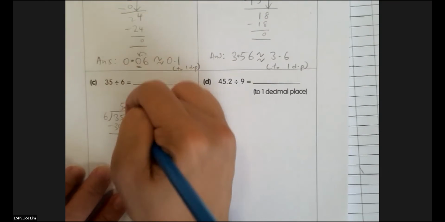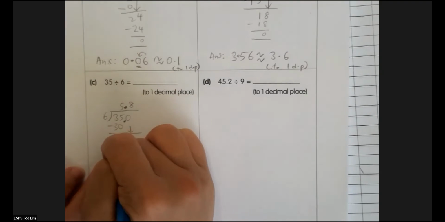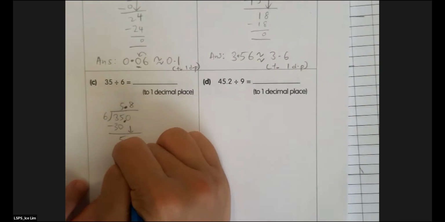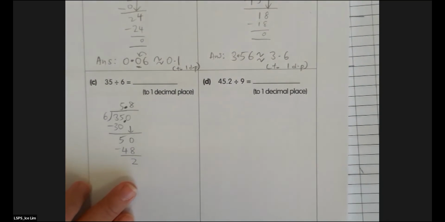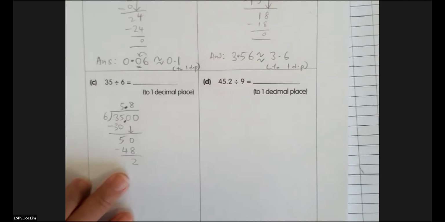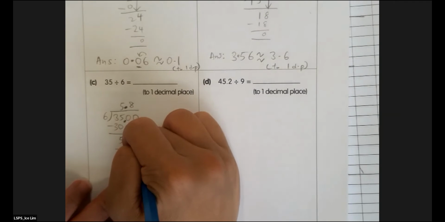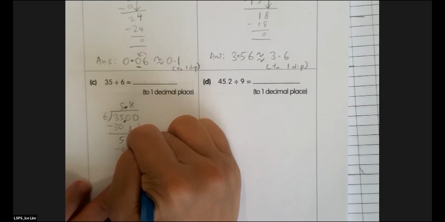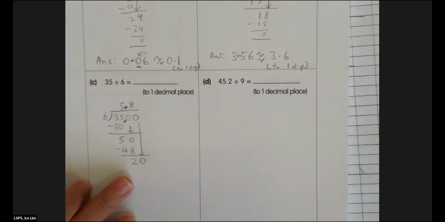Okay, is that all? 548? Still a remainder. Then how? Add another zero at the back. Continue. Still can. What's the answer?